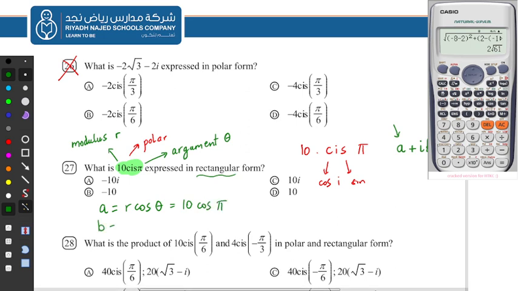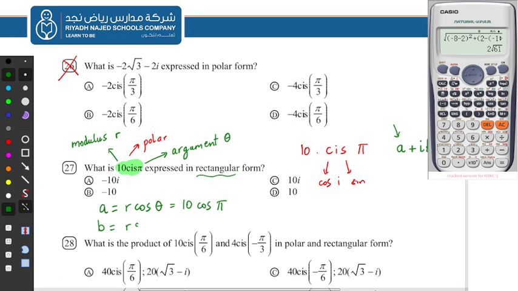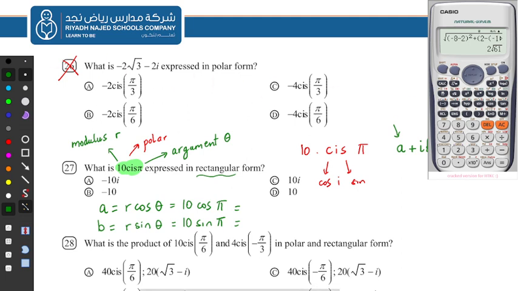And B is equal to R, same thing, but instead of cosine, use sine for B: 10 sine of pi. And don't forget, you are using trigonometric functions with pi, and pi is a radian angle, so use radians in your calculator. This is very important. Here my calculator is already set to radians.